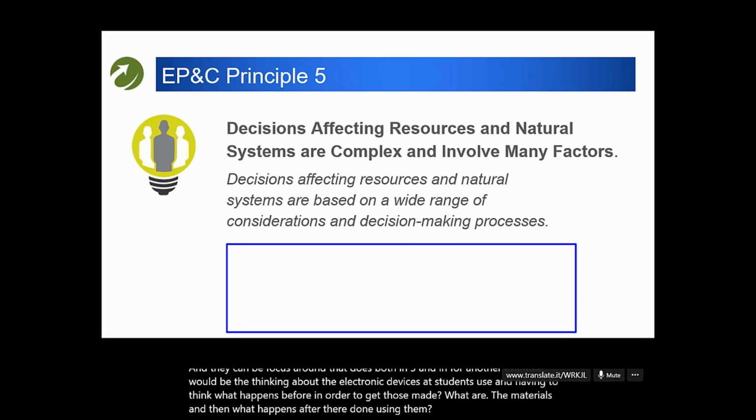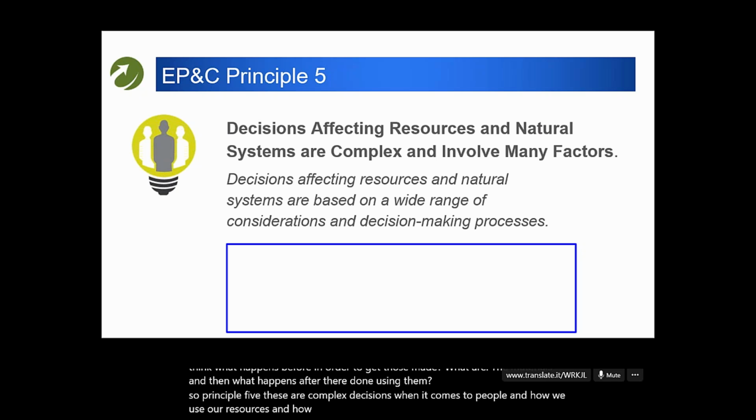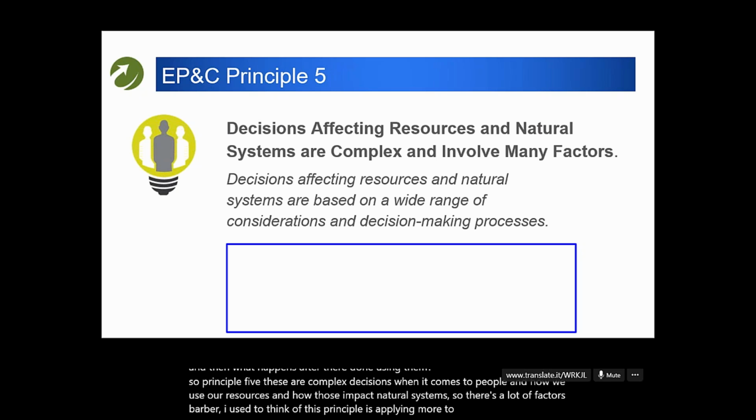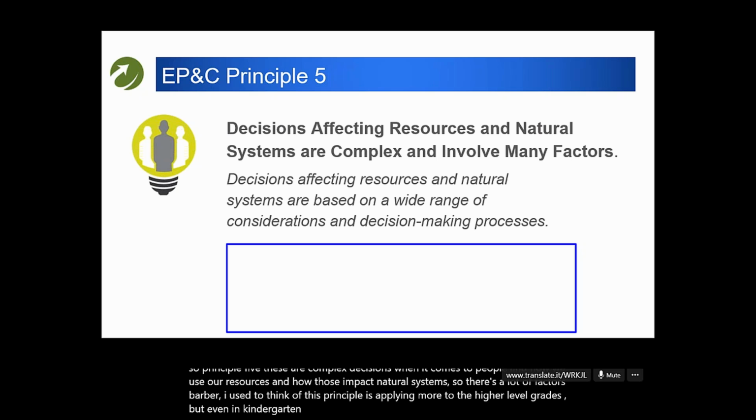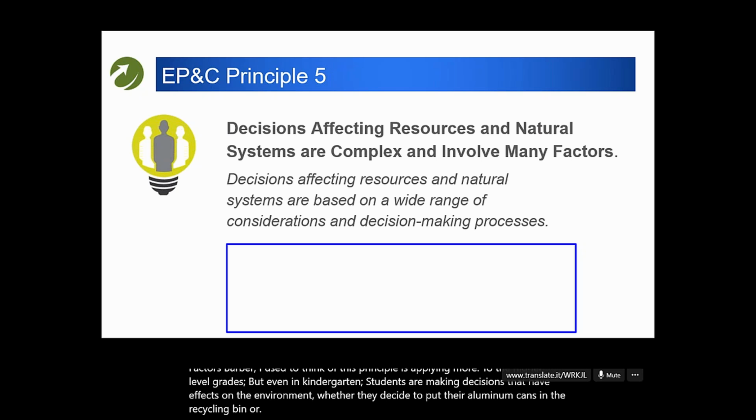So principle 5, these are complex decisions when it comes to people and how we use our resources and how those impact natural systems. So there's a lot of factors. And Barbara, I used to think of this principle as applying more to the higher level grades, but even in kindergarten, students are making decisions that have effects on the environment. Whether they decide to put their aluminum can in the recycling bin or the garbage, we all make decisions that affect the environment.